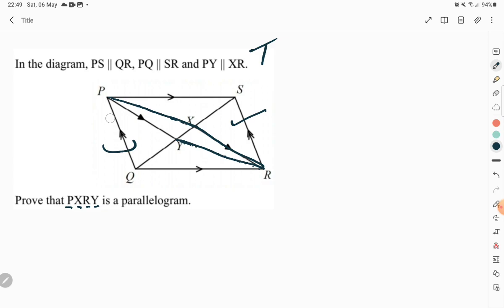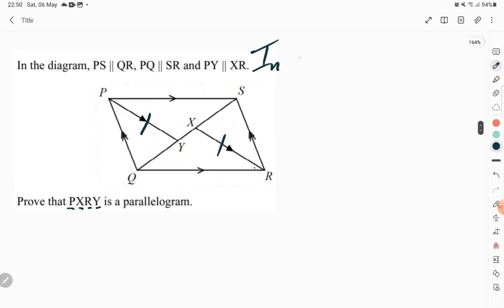Now the idea is, after having removed all this, we just need to prove that PY is equal to XR. Should these opposite lines be equal and parallel, then that is going to be a parallelogram.